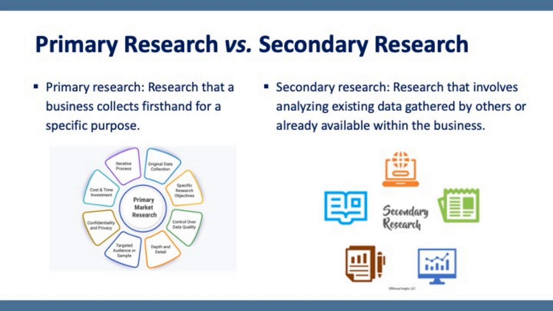So all of these are primary research methods. So the key here is to collect new information by yourself. And I would say primary research has advantages and disadvantages. The major advantage of primary research is that it can be designed around our specific questions and needs.